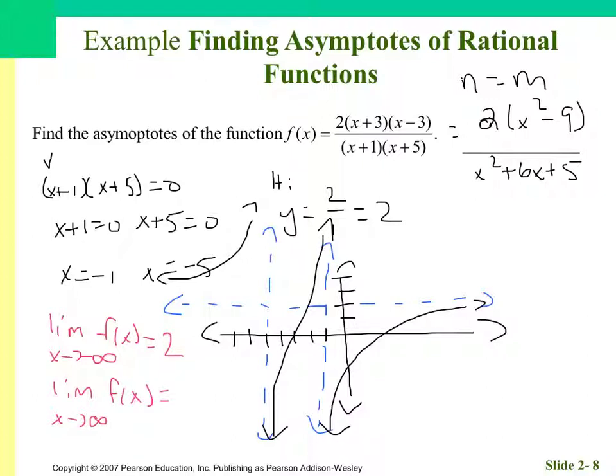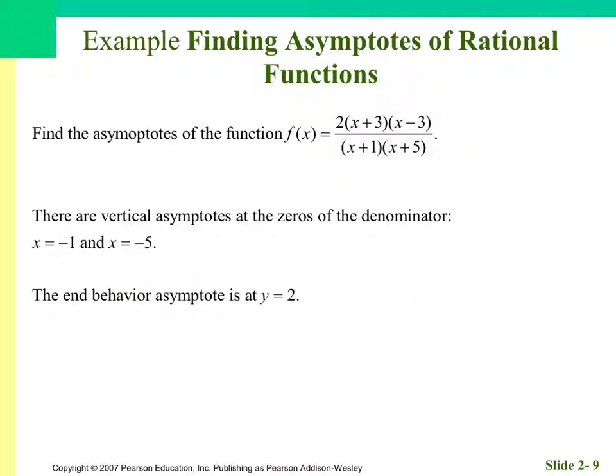Well, what is this one approaching here? 2. Now notice in the middle, it crossed the horizontal asymptote. That's okay. Horizontal does not mean it's never going to cross it. It's just telling you what the end behavior is. Okay? So yeah, we got those right.